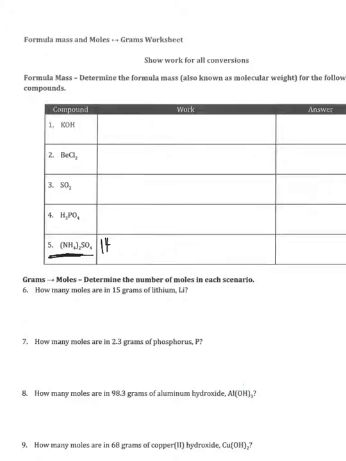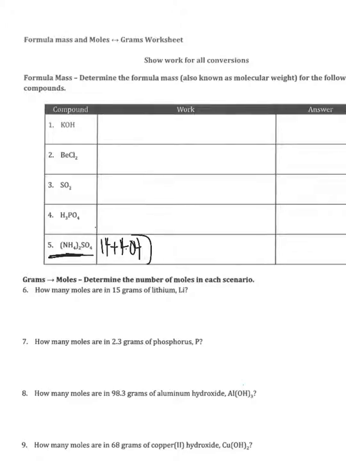And then you would add 4 hydrogen. Well, each of those hydrogen are 1.01. So 4 times 1.01 would give me 4.04.